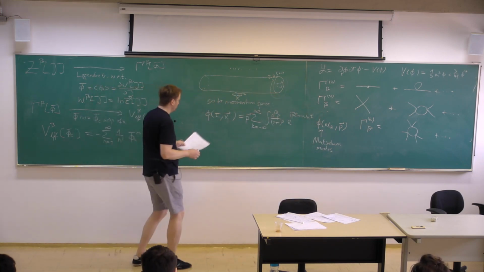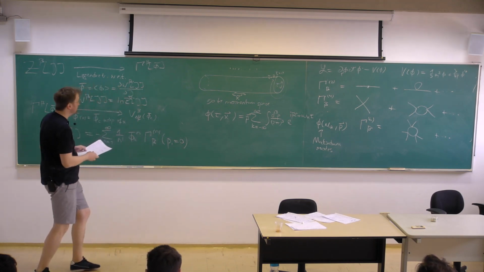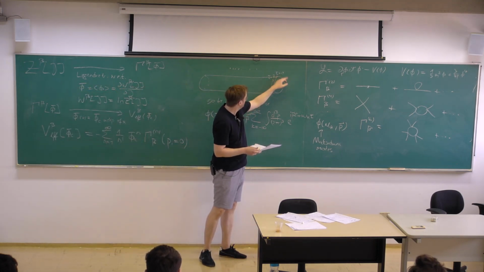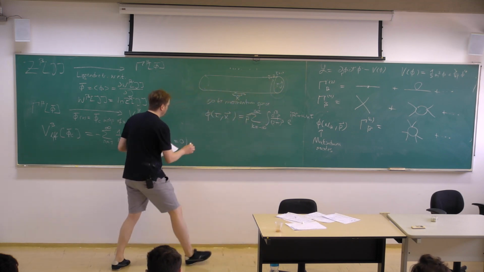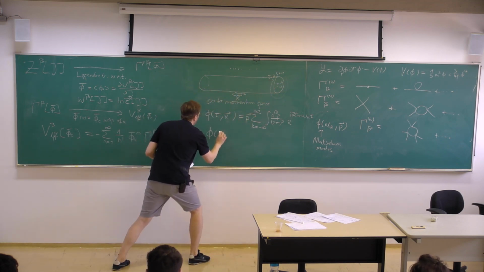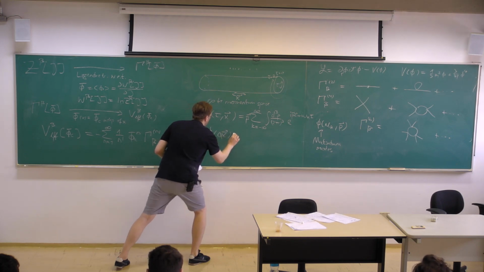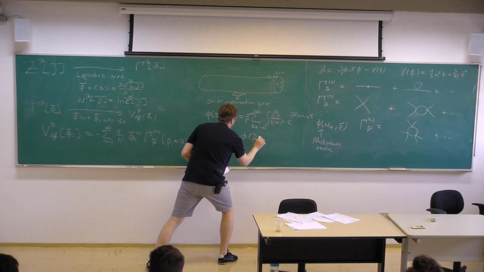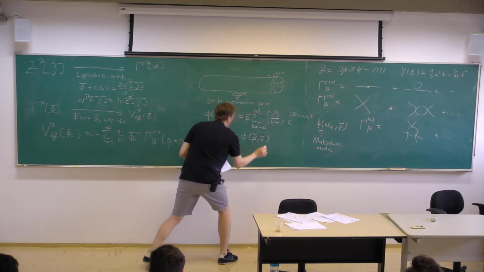Okay, and again, I erased it now, but the requirement was that if I go from tau equals 0 to tau equals beta, I get back to the same field. So I want phi of tau equals 0, x to be equal to phi of beta, x.